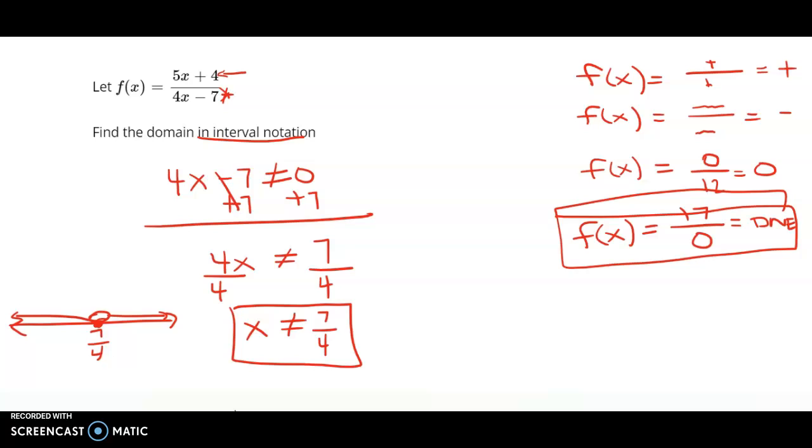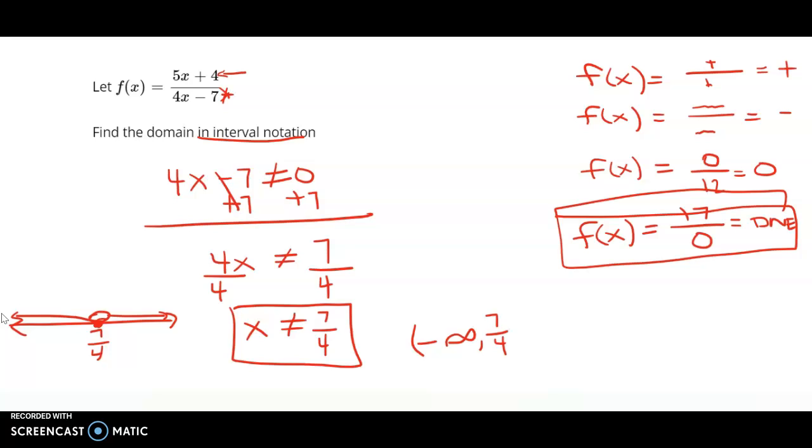So it could be any number except 7/4 to represent the range of numbers that can be the domain. We always want to write interval notation from least to greatest. So we're going to start at negative infinity, and it's going to run up to 7/4, and then it stops.